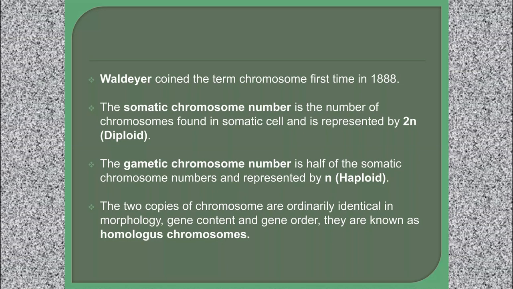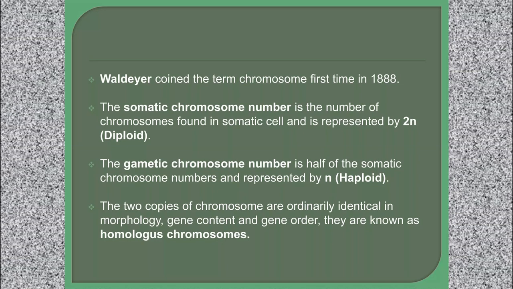The chromosome number is the number of chromosomes found in the somatic cell, represented by 2n, and it's also called diploid, meaning double number. The gametic chromosome number is half of the somatic chromosome number and is represented by n.